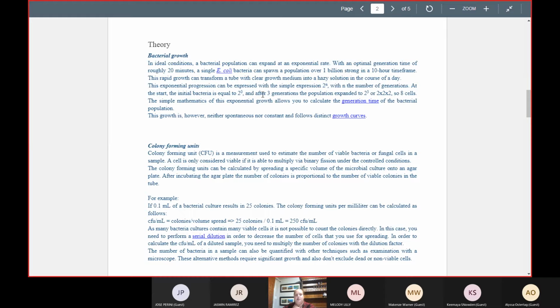So after 3 generations, it could be represented by 2 to the 3, 2 times 2 times 2, or 8 cells. If you had 4 generations, 2 to the 4, it'd be 2 times 2 times 2 times 2, which would be 16 cells, and then 32 cells, and then 64 cells, etc.